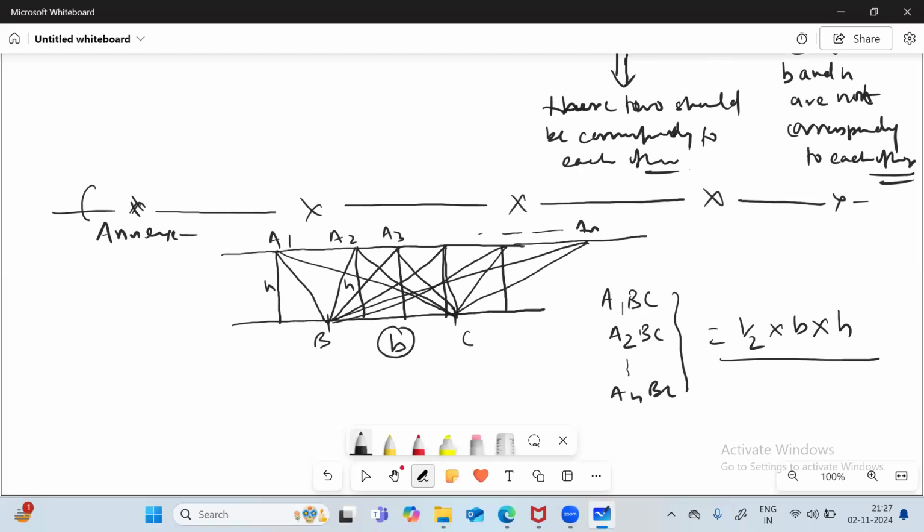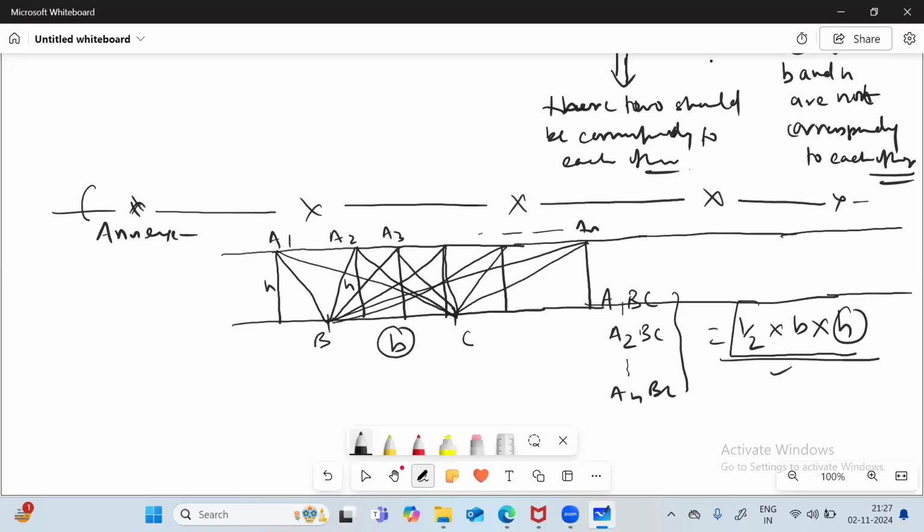So all the heights, if we draw them, you will get the same height, the same measurement, and finally you will get the same area for all the triangles. And see the fun fact: these two lines I may increase in any direction, to any point.